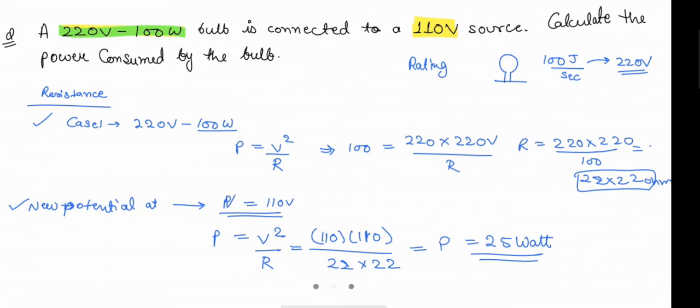The potential was given to us, the power was given to us, the change in the potential, everything was given to us. So we just thought about this thing, that the resistance of the bulb is not going to change. And if the resistance is not changing, then in both cases it's the same. So from the first case we can find the resistance and then put it into the second case, and we will be able to find the power. And that's how we did this question.